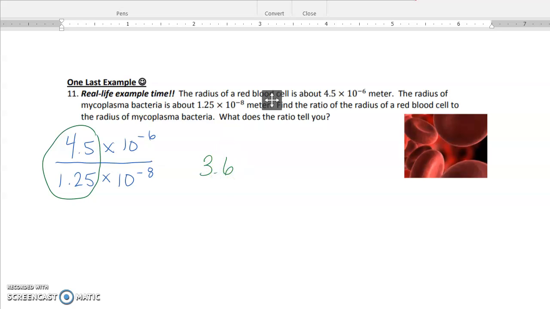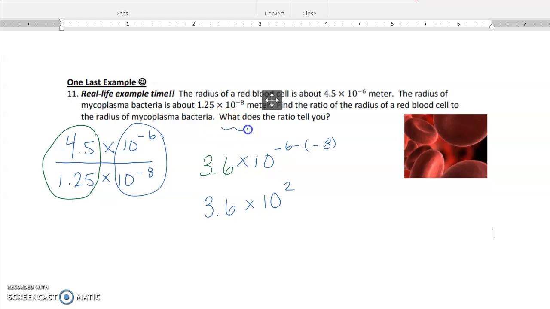And then if we divide our powers of 10, we'll be multiplied by 10 to the negative 6 minus negative 8. Be careful with those negative signs. So altogether we're going to have 3.6 times 10 to the negative 6 plus 8, which is 2. That is the simplified scientific notation number that they're looking for.